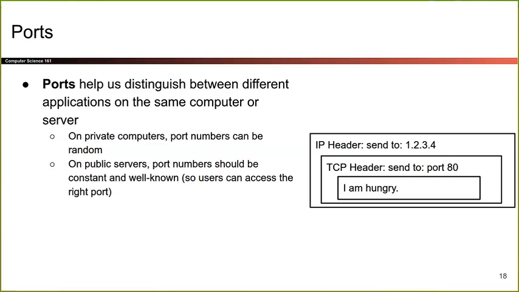Maybe Google has this big server giving us search and images and maps and mail and all those different things. Then Google should probably tell everyone, if you want to search, use port 100. If you want to look for an image, use port 200. If you want to look at a map, use port 300, and so on. So a public server like Google should tell everyone these are constant ports, and if you want to contact Google, you know exactly which ports to contact. So this is the analogy from before.